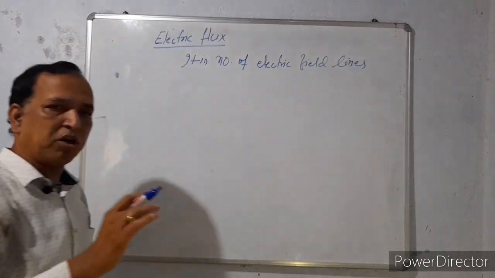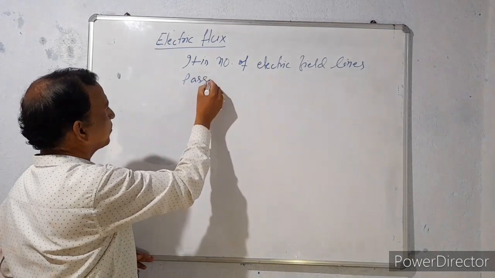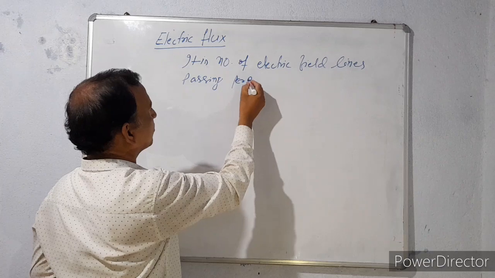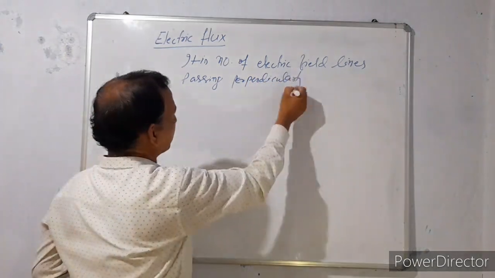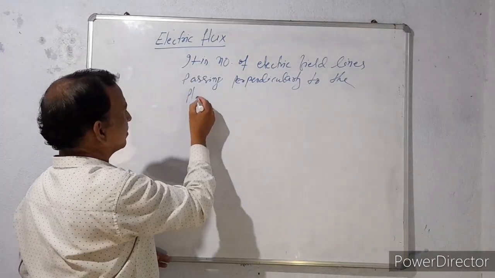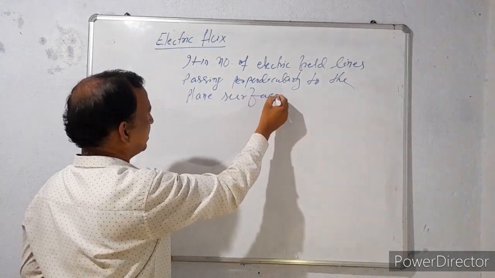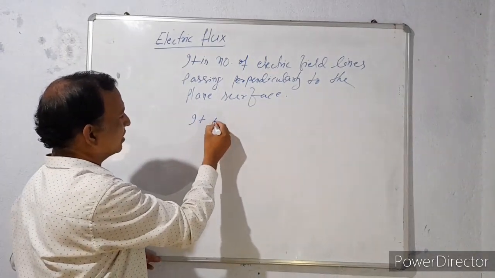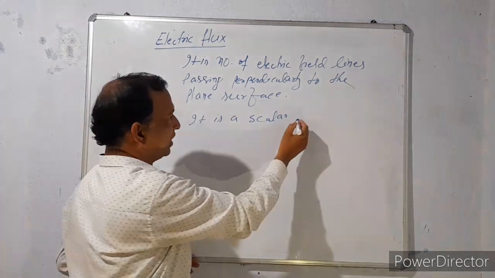It is the number of electric field lines passing perpendicularly to the plane surface. Plane surface. Clear? It is a scalar quantity.